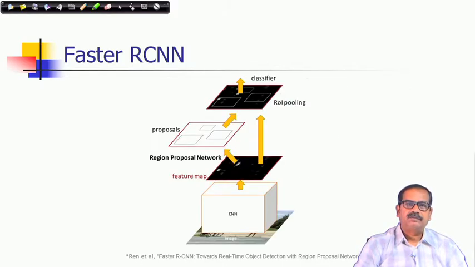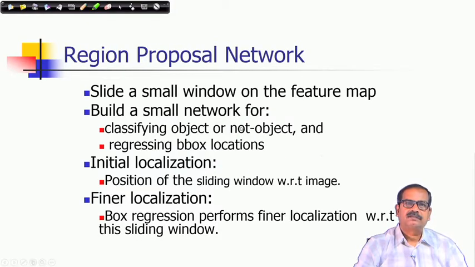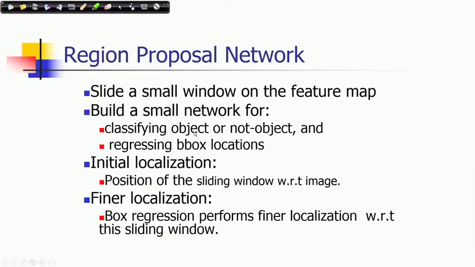That is why it becomes so fast, and you can see that the first stage is that you generate a feature map. Use this feature map to propose regions and also use this feature map to classify and regress the rectangular boxes. This is Faster RCNN, and in the region proposal network the task is that we slide a small window on the feature map, and then build a small network for classifying object or non-object.